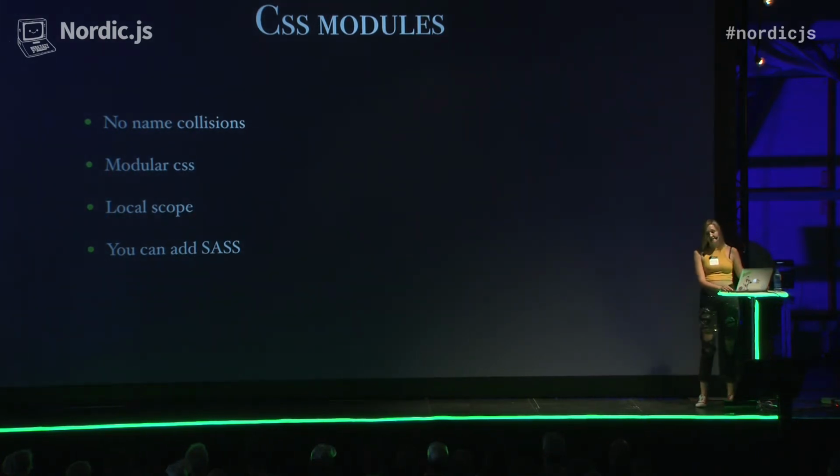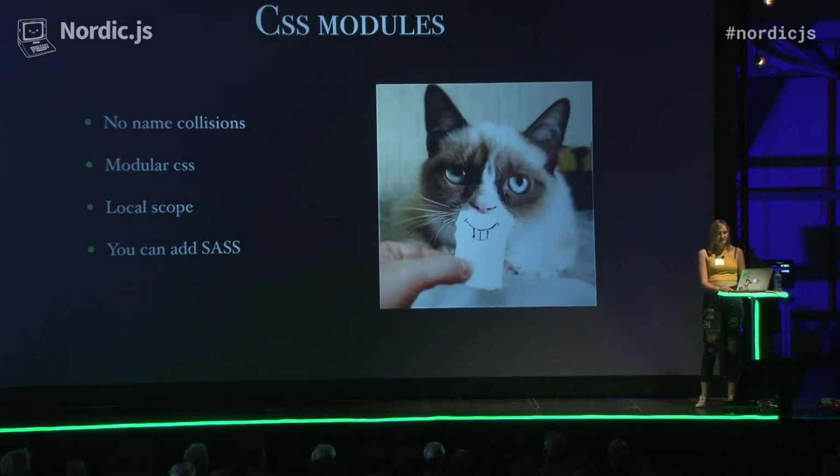The CSS is local, it's just modular. We can manage it how we want by, for example, screens or modules or just components. And you can apply Sass or Less, so JavaScript power is applied here. So it looks better.